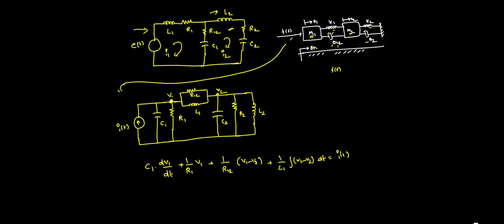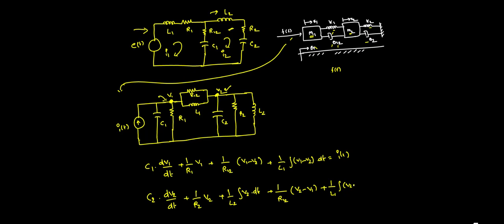So we have written only for this node till now. Now we'll write for this particular node. Here C2 dV2 by dt plus 1 by R2 V2 plus 1 by L2 integral V2 dt plus 1 by R12 (V2 minus V1) plus 1 by L1 integral (V2 minus V1) dt is equal to 0.